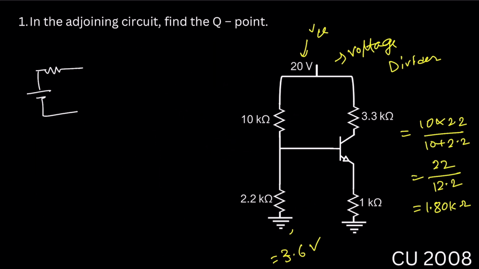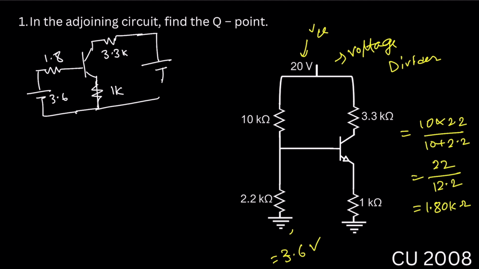This voltage is 3.6 volt, right? This resistance is 1.8. RE will be 1K and RC is 3.3 kilo ohm. VCC is 20 volt, right?